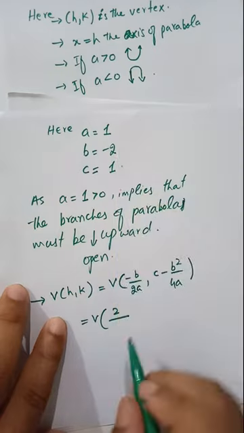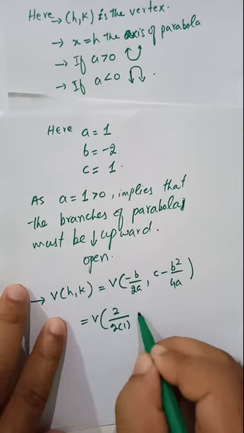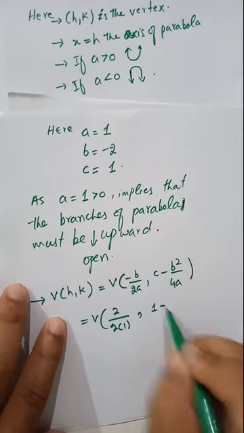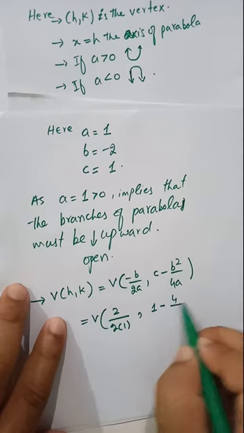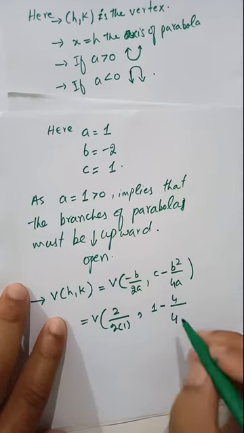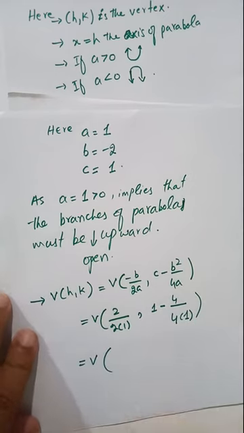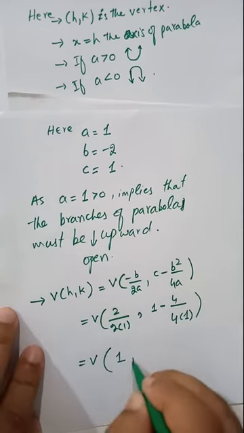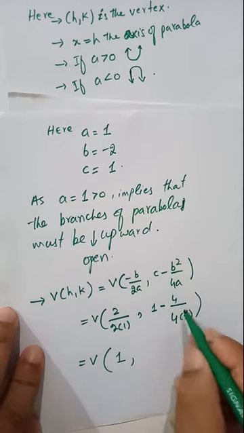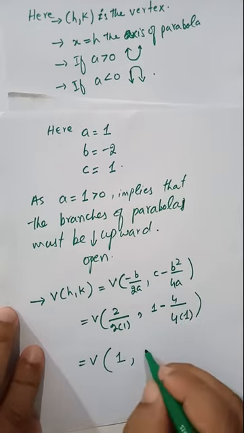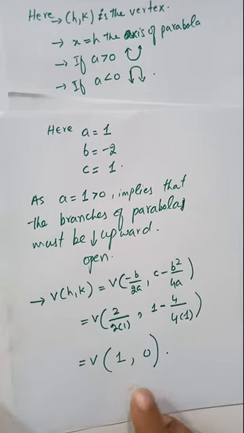The value of a is 1, so 2 multiplied by 1. Then c is 1 minus b square, that is 4, into a. So h is 2 by 2, which is 1, and k is 1 minus 4 divided by 4, which is 1 minus 1, so 0. So 1 0 is your vertex.